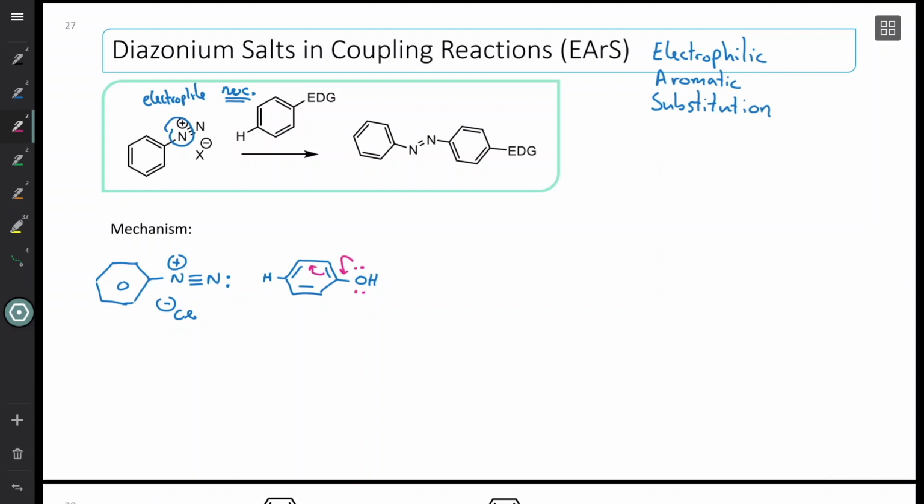And then the benzene ring is our nucleophile and going to attack this nitrogen, and break that triple bond. This gives you para addition.